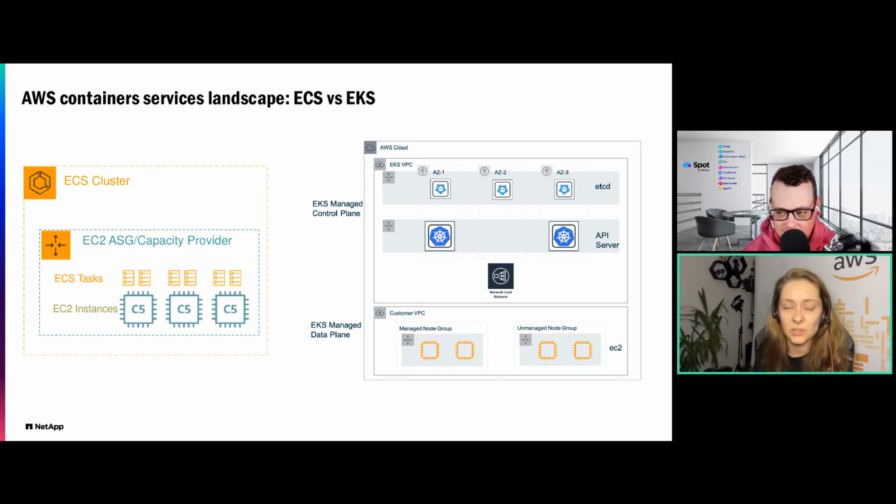Let's say with ECS, it's relatively easy to manage the networking bit because it supports multiple networking models, such as dynamic port mapping, where you can have one private IP in the VPC subnet and run multiple tasks using that one private IP on the container itself.